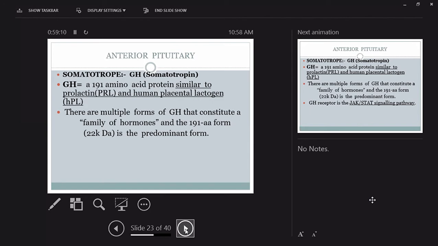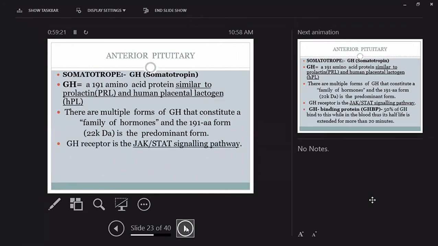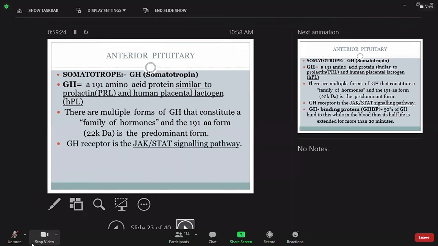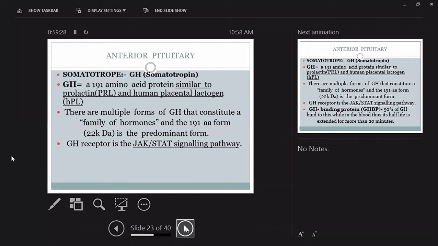The 191 amino acid form is the predominant form. It still follows the JAK-STAT signaling pathway, your growth hormone and your prolactin.